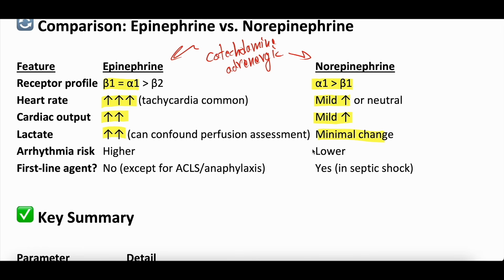Norepinephrine does not really increase the lactate. Epinephrine has a higher risk of arrhythmias compared to norepinephrine. And epinephrine is second or third line for septic shock, although it is first line for ACLS and cardiac arrest and anaphylaxis, whereas norepinephrine is first line in septic shock. So just a little comparison between the two.